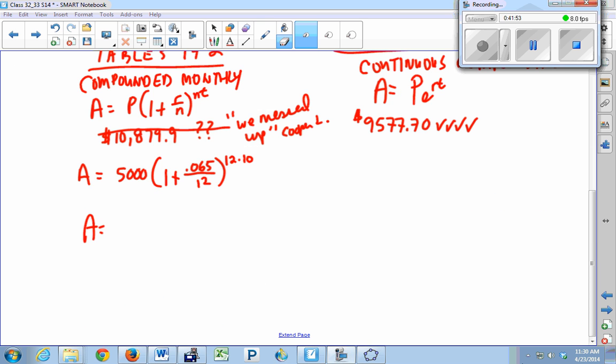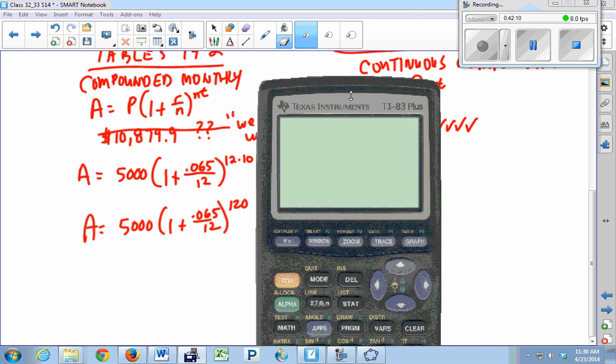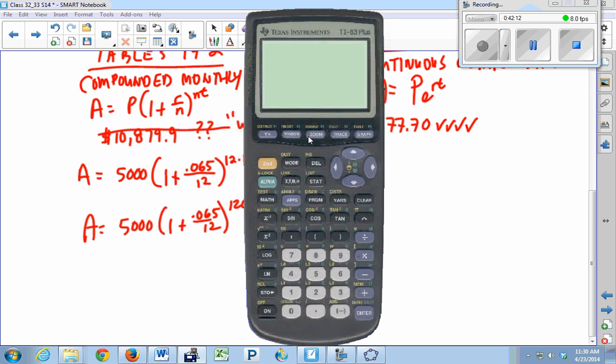So we put into our calculator 5,000 times 1 plus 0.065 over 12 raised to the 120th power. So let's see what that is. Whoa, I don't want you to be that big. So where's your error, Dan? Oh, you didn't do 12 times 10? Okay. All right, so let's see.